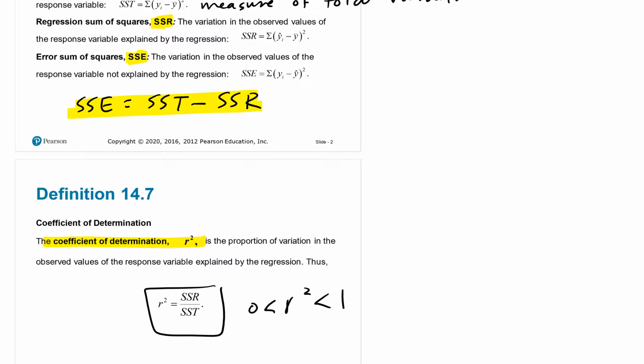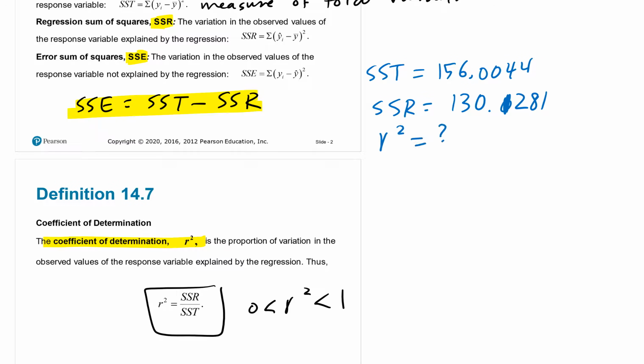As a quick example, let's say SST is given as 156.0044, and SSR is given as 130.1281. How do you find R square?